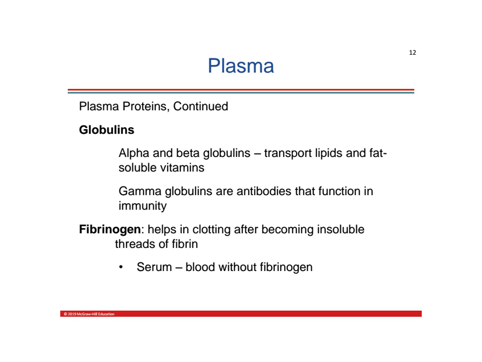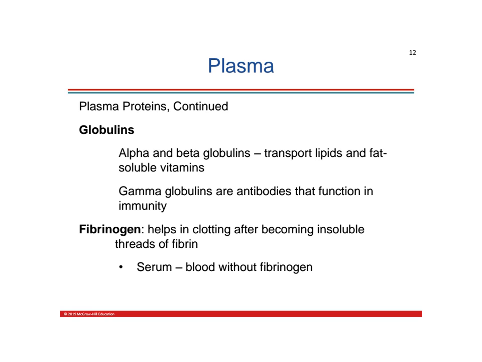In other words, they're proteins that are hydrophilic, but they have certain regions that are hydrophobic. Those hydrophobic regions will associate well with lipids such as cholesterol and steroid hormones, and they'll be able to transport these lipids around your body. In addition to alpha and beta globulins, which are essentially transport proteins for lipids and fat-soluble vitamins, you have gamma globulins. These are antibodies that function in immunity.